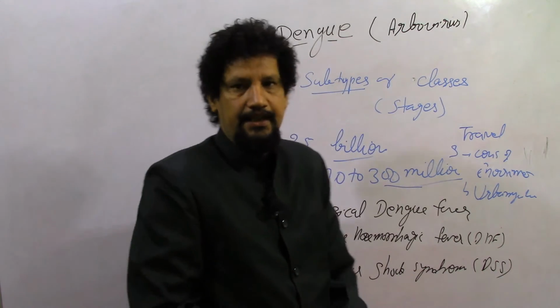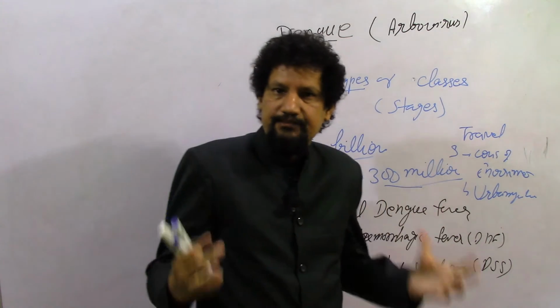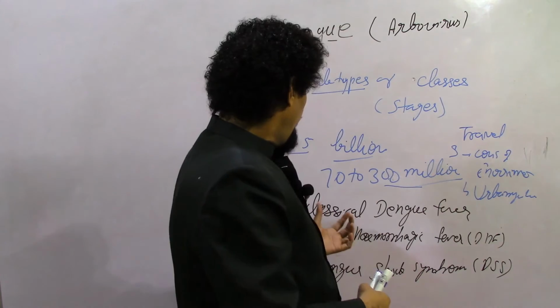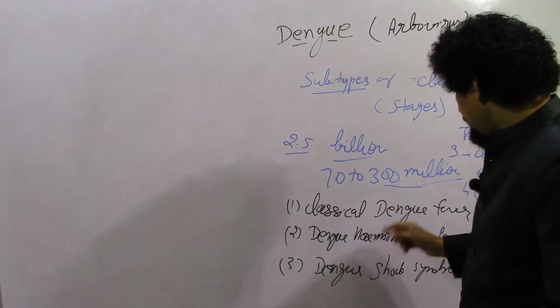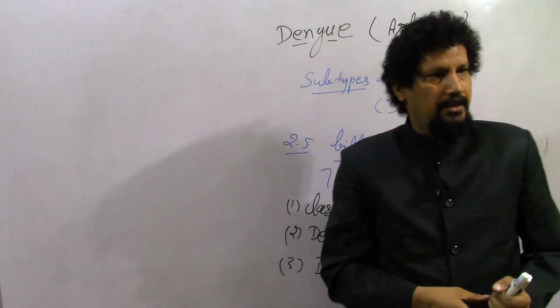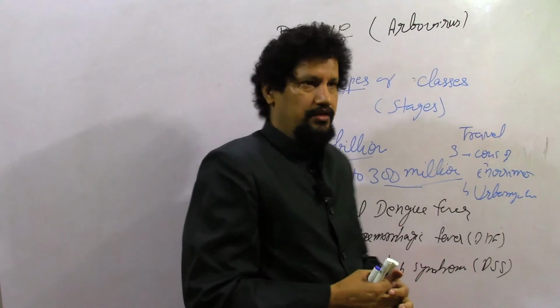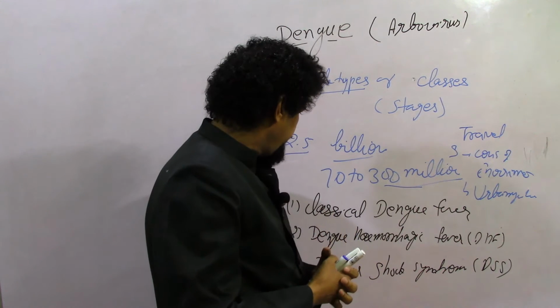So dengue may be seen as asymptomatic infection only, or classical dengue fever, which is simply a febrile illness, more severe in adults and not more severe in children.